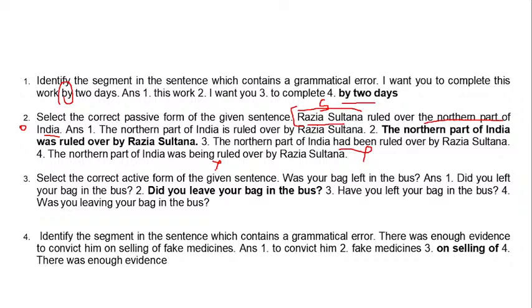We can't introduce a new tense in our passive form. So the tie is between is ruled or was ruled, so it will be was ruled. Why? Because this is a past event. Razia Sultana ruled over, so it is already implied that this is a simple past tense sentence.